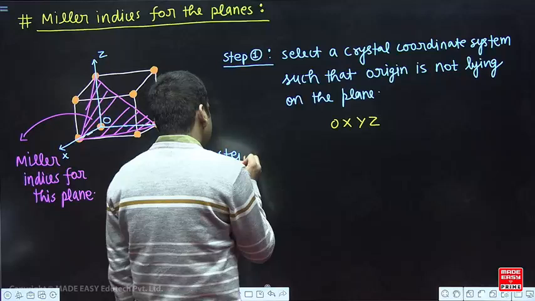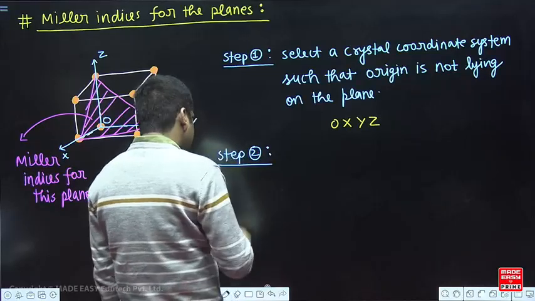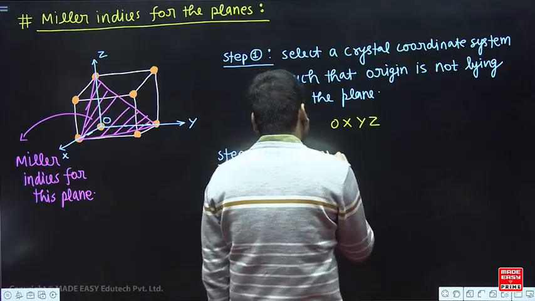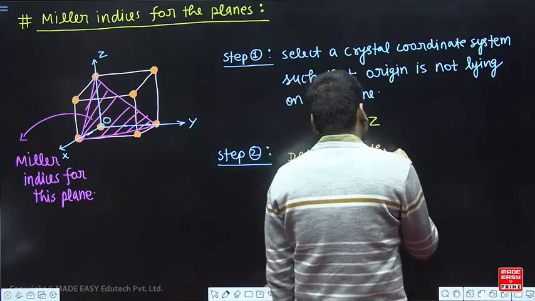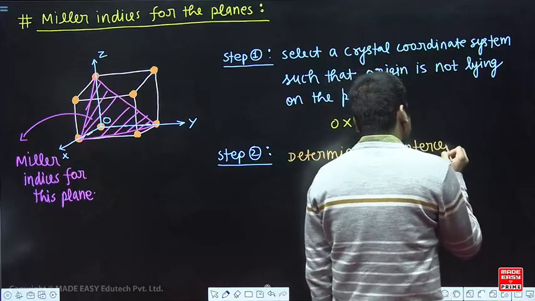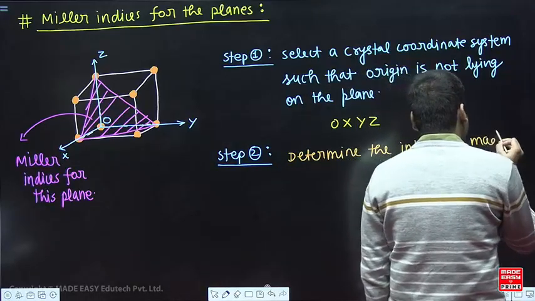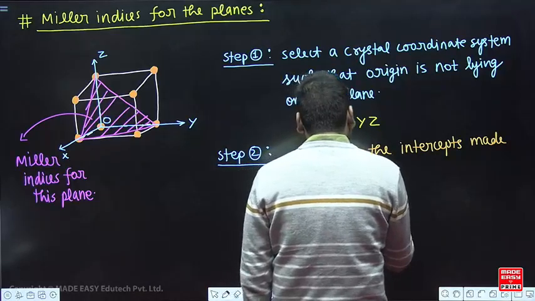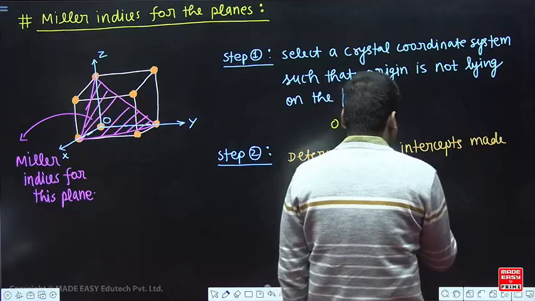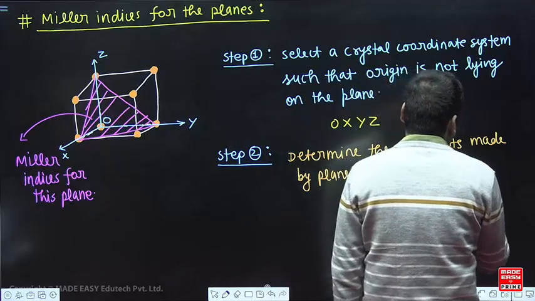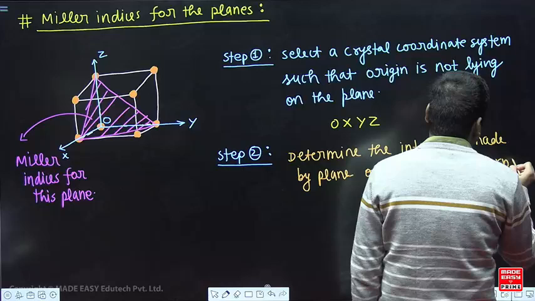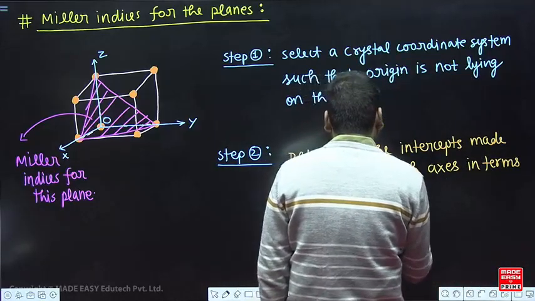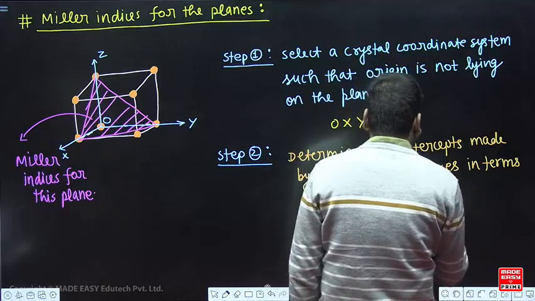Next, step 2. Determine the intercepts made by plane on each axis in terms of unit cell edge lengths.